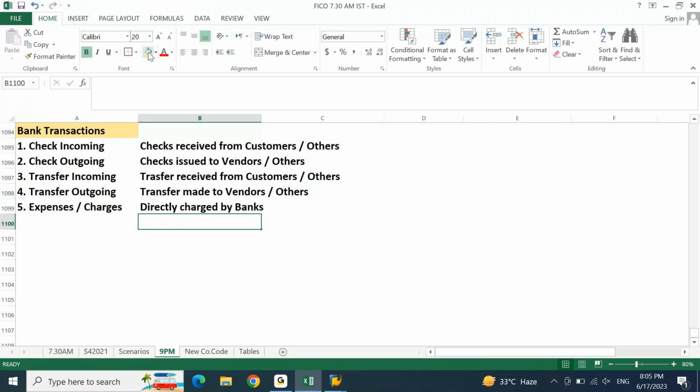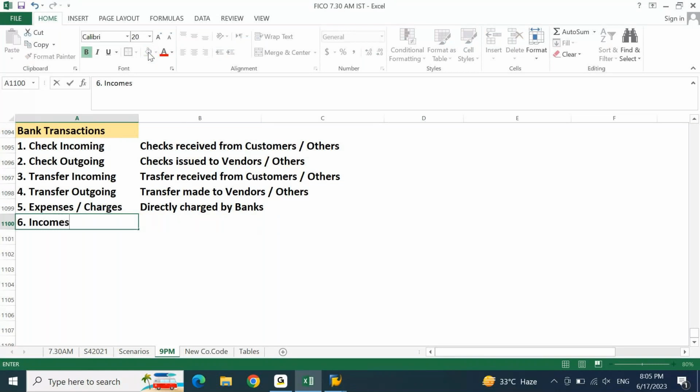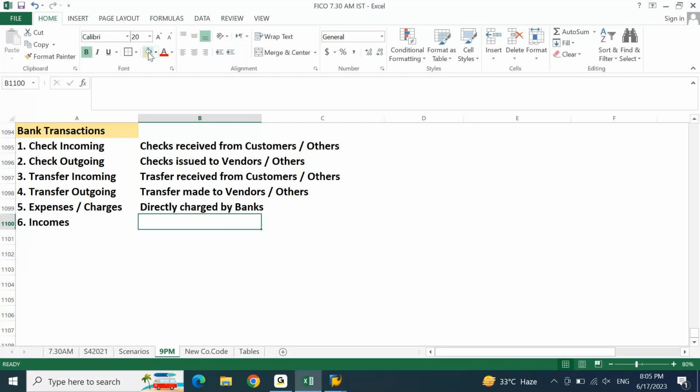Correct, sir. This is another kind of transaction. Next one is your incomes. Any kind of income that you get from the bank.